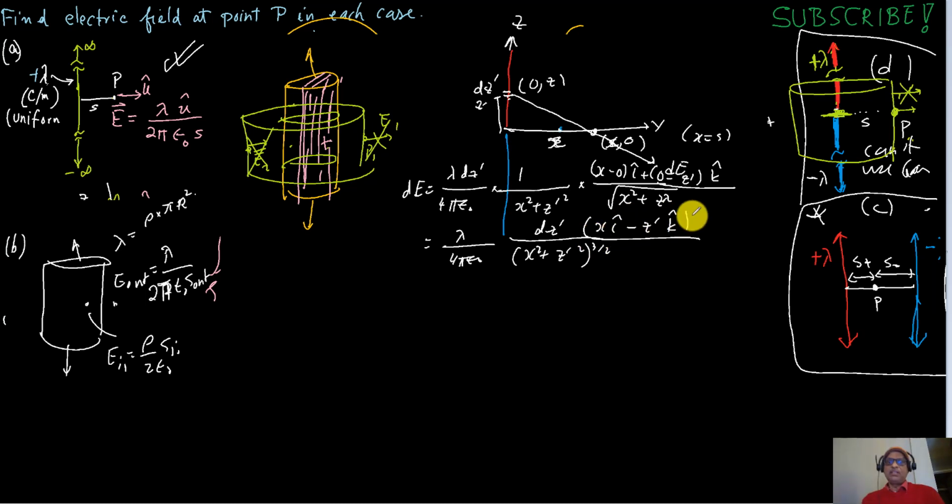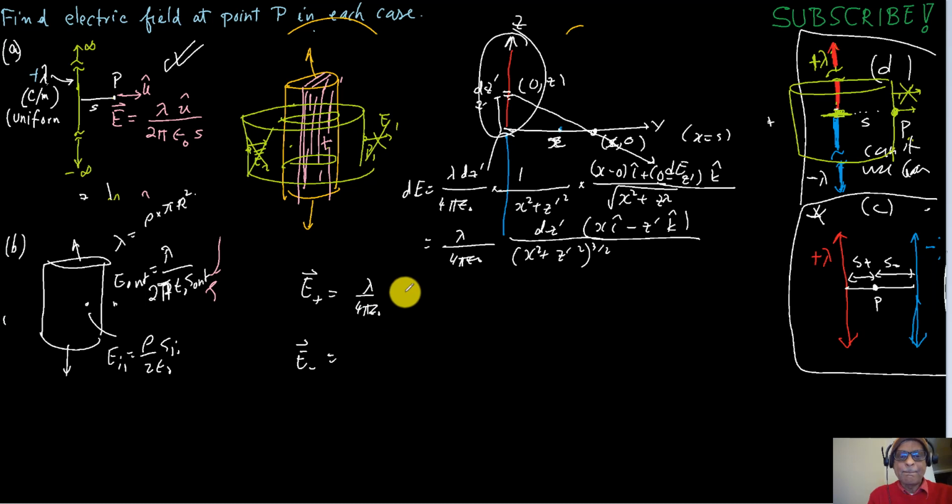Now you have to integrate. The E vector from the plus side, let's call it E plus, and the other is E minus, from the bottom part. E plus will be lambda over 4 pi epsilon naught, integral from 0 to infinity of dz' times (x i hat minus z' k hat) over (x squared plus z' squared) to the 3/2.